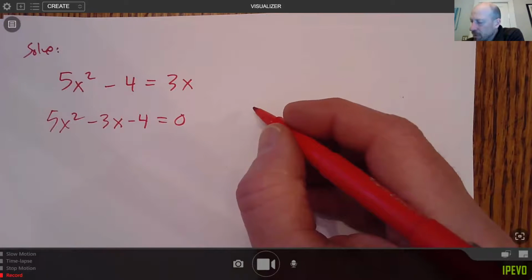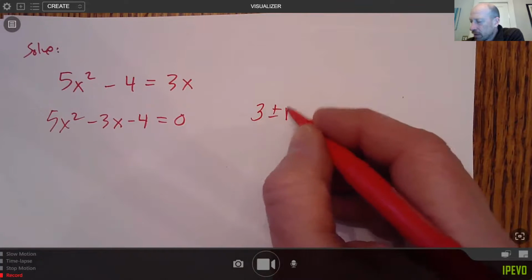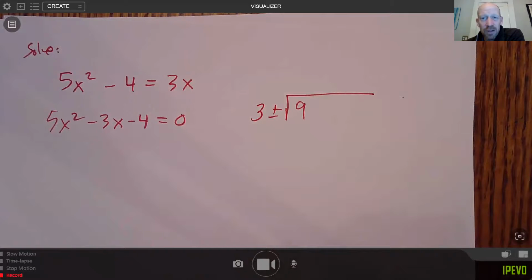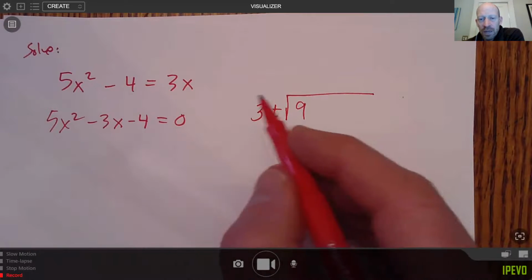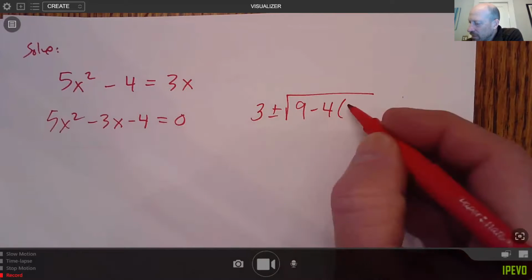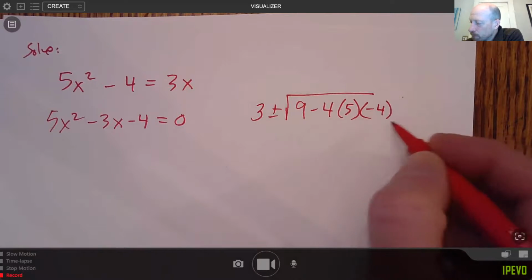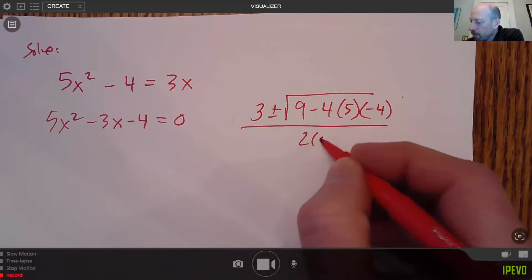So negative b, which is plus 3, plus or minus the square root of b squared, which is 9. That's always positive, right? Because you're squaring a real number. So I get 9 minus 4 times a times c. The whole thing is divided by 2a.